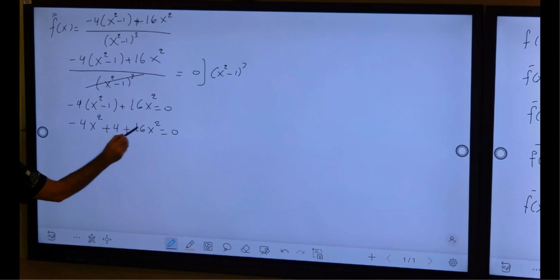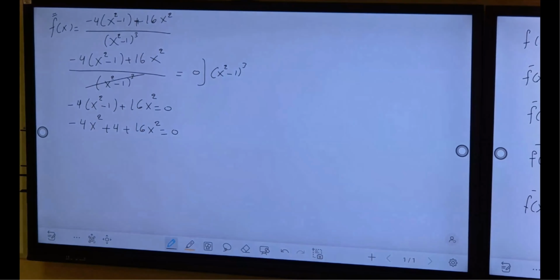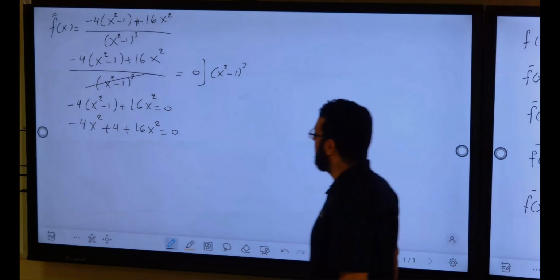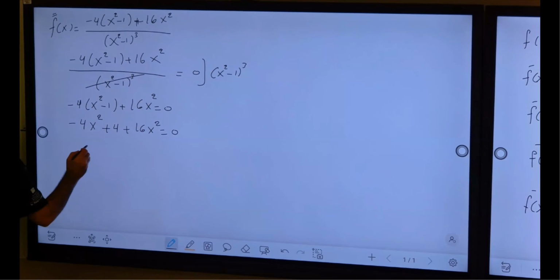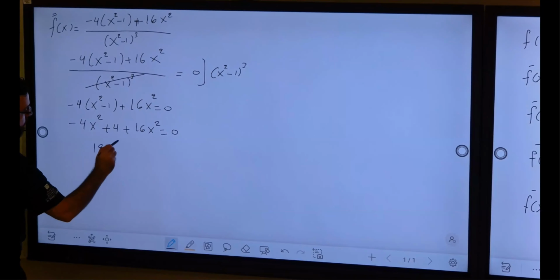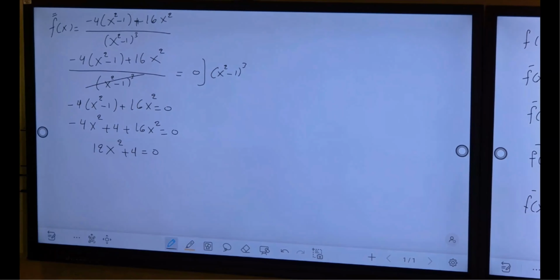Now we can combine these together. Combine the like terms here. That's going to be what? 12x squared plus 4 equal 0.